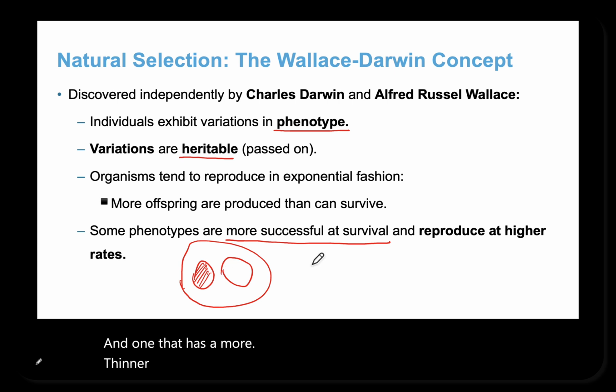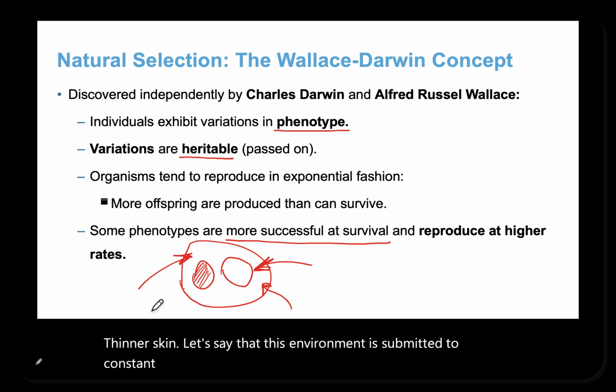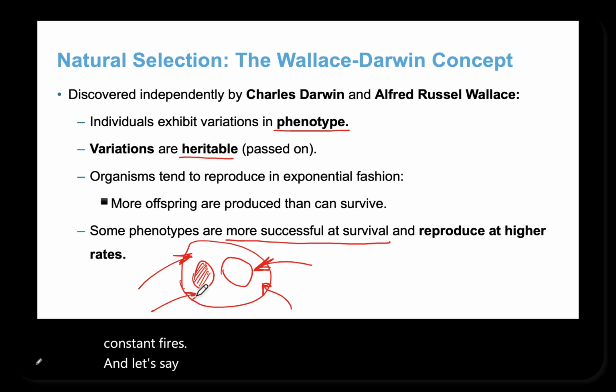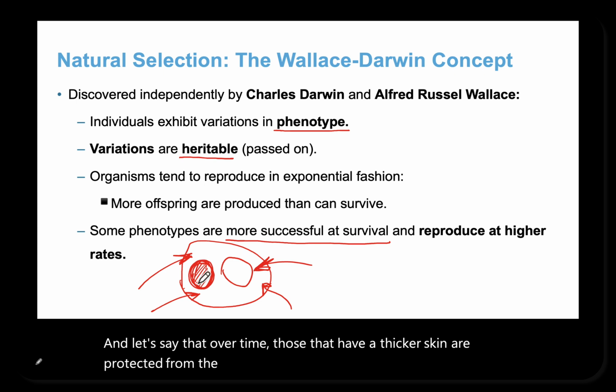Let's say that this environment is submitted to constant fires. And let's say that over time, those that have a thicker skin are protected from the fire. Those that have a thinner skin are less protected from the fire.